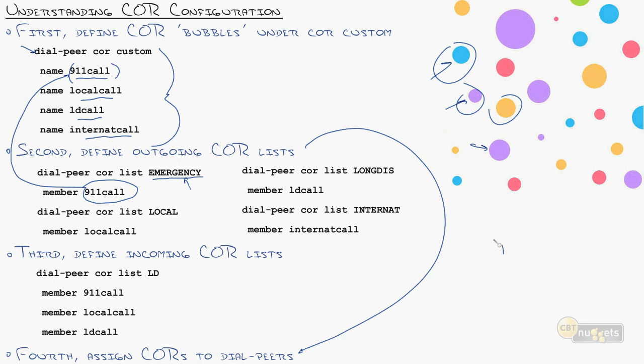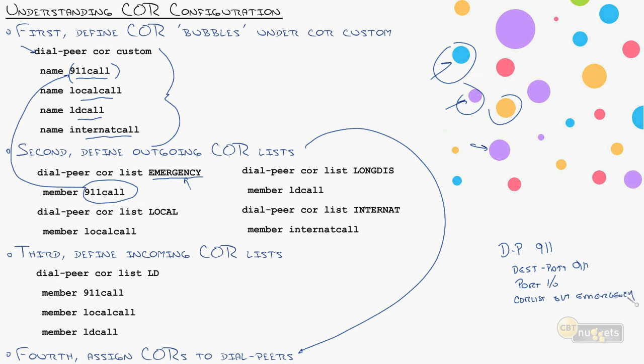Eventually, we're going to have dial peer, let's just say 911, which has the destination pattern 911 that it matches and sends it out port, we'll just say 1/0, right? Now, some FXO port or something like that. Now, what we're going to do is have a command under there that says core list outgoing emergency, right?